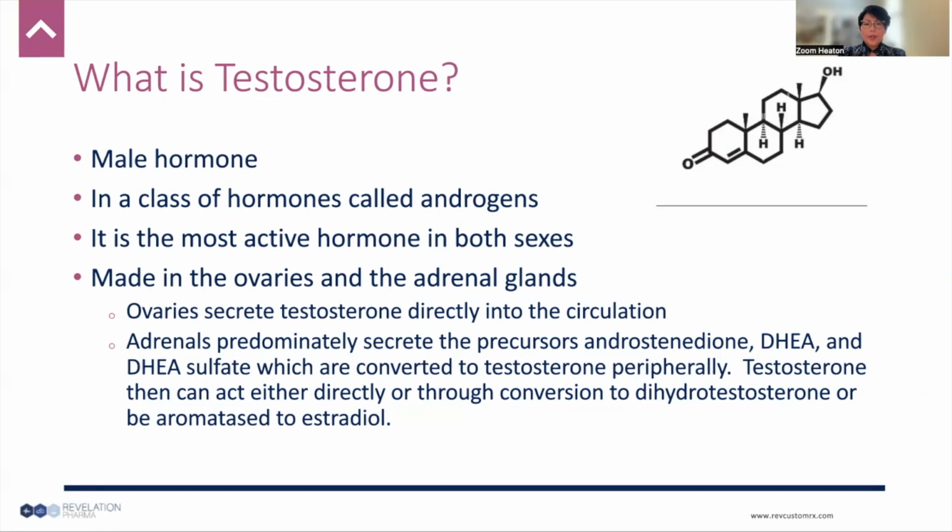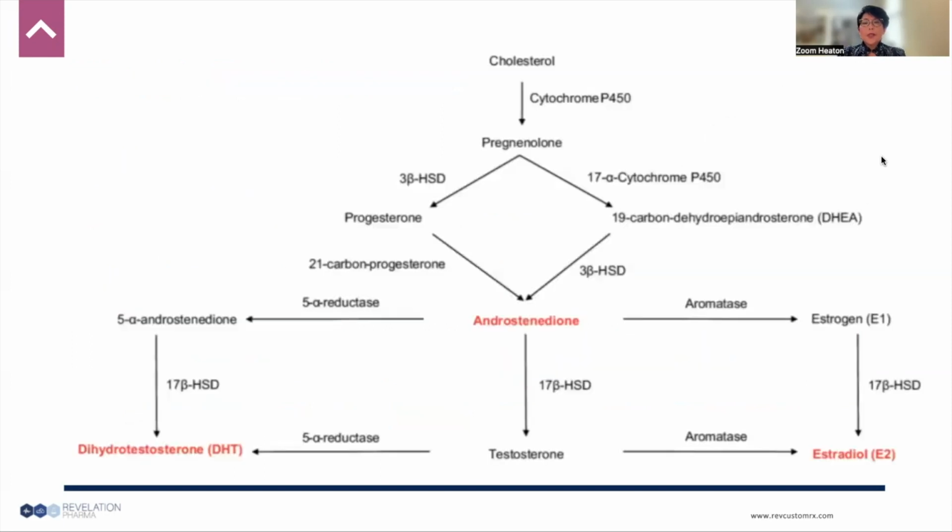And then testosterone can act either directly or through conversion to dihydrotestosterone using 5-alpha reductase, or the aromatase enzyme to estradiol. So this is the biosynthesis of hormones, and this is the adrenal and sex hormone cascade.